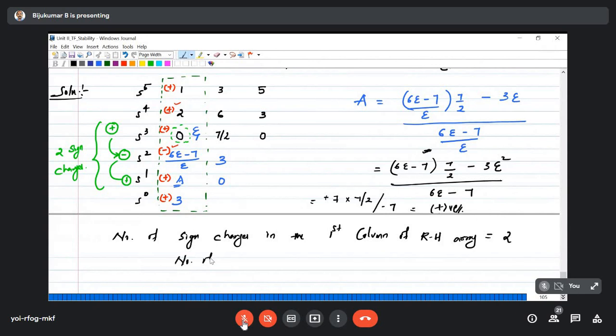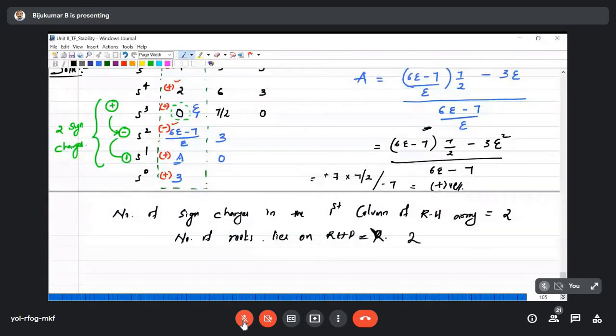That means the number of roots in the right half of the s-plane is 2. Since two poles lie on the RHP of the s-plane, the given system is unstable.